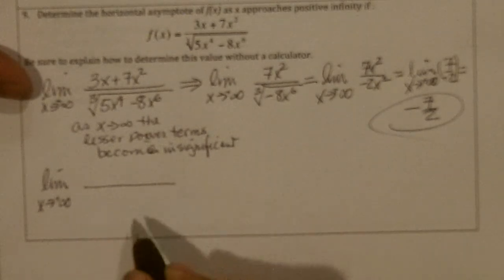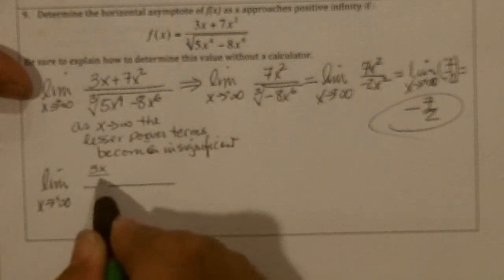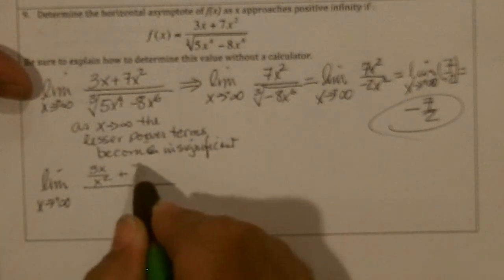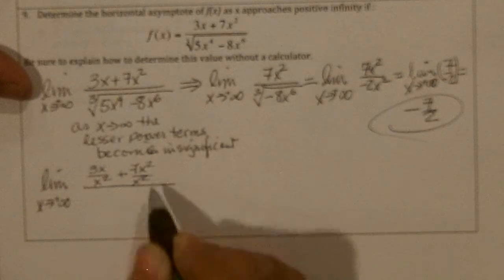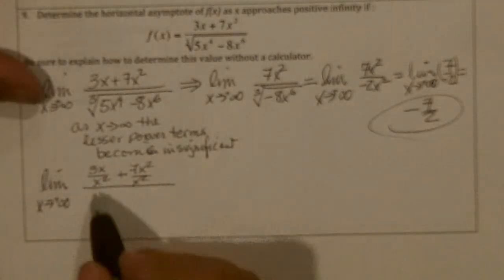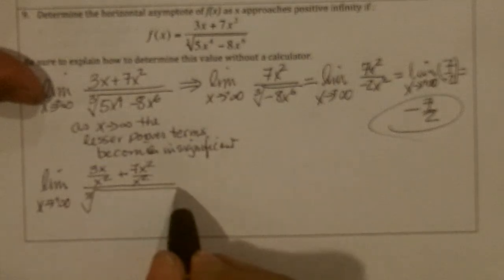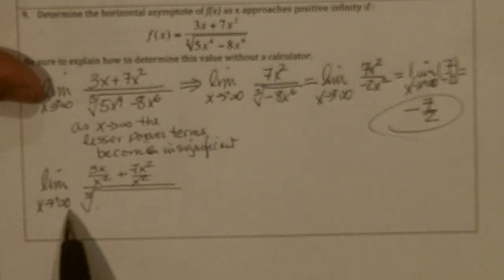But you got to do it correctly. So we'd have 3x divided by x squared plus 7x squared divided by x squared over, this is the cube root, and we're dividing by x squared on the outside.